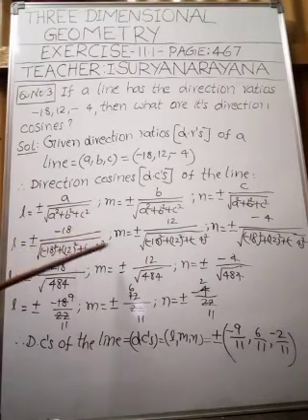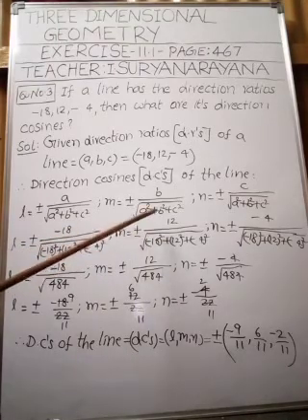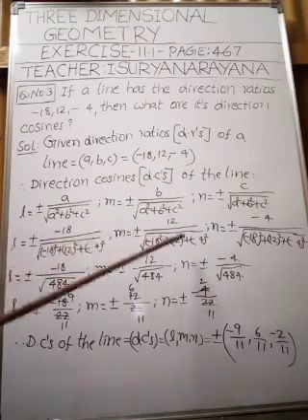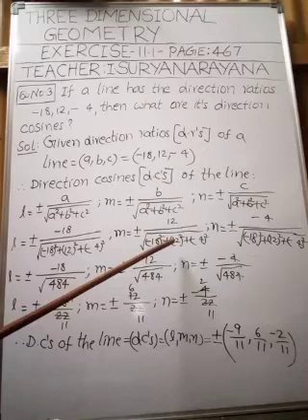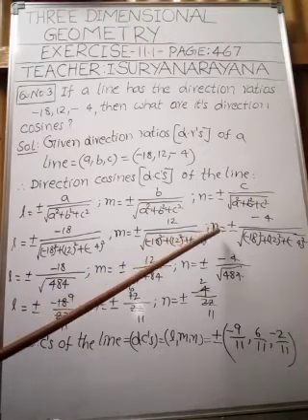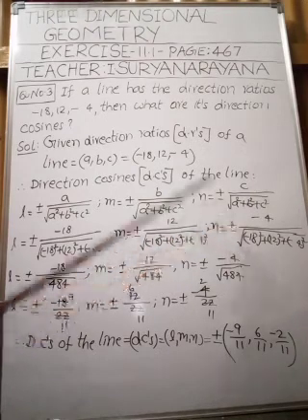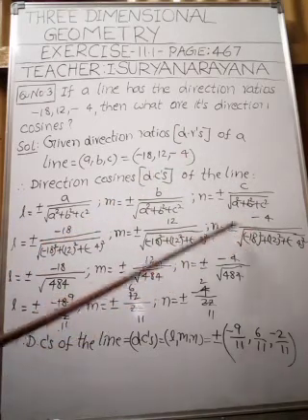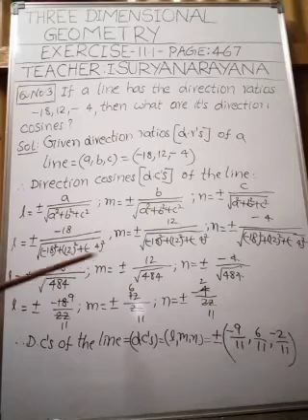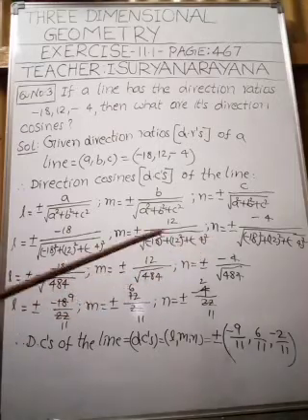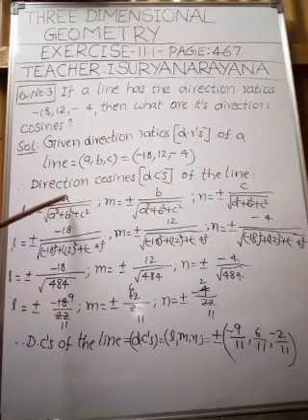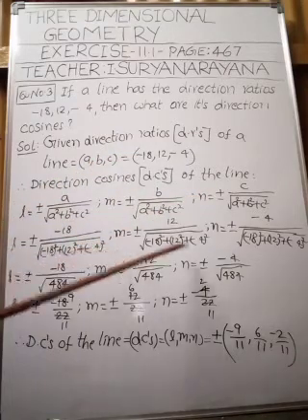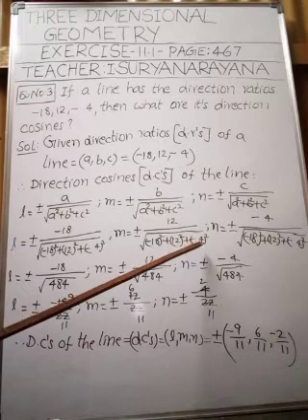Right. m is equal to plus or minus b, that is 12, by root of the same denominator. Similarly, n is equal to plus or minus c, that is minus 4, by the same denominator. Just I substituted the values of a, b and c in these three formulae. Then we got this step.